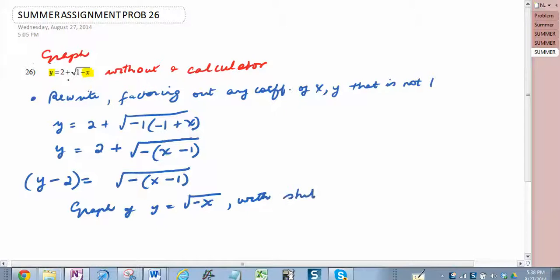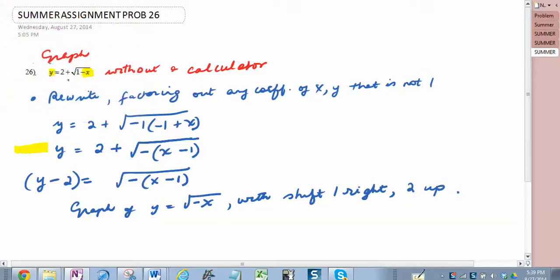A shift one right, so that would be horizontal, and a vertical shift of 2 up. You might actually recognize a vertical shift a little bit more readily using the middle equation.